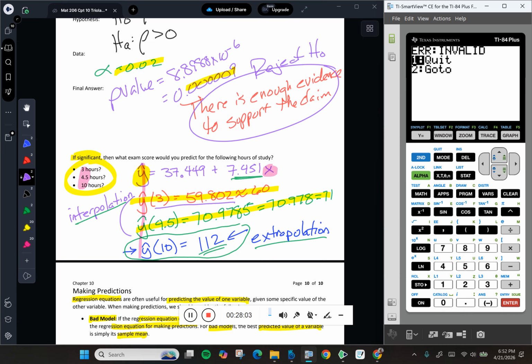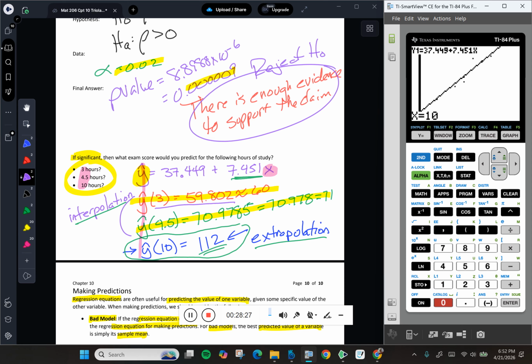And then go to 10. Invalid. What's that? Oh, when I zoomed, see how the window only goes to 8.8? If I try to type in a 10, I'm going outside my window. So I changed that a little bit to like 11, go back to the graph, go to trace, go to the line.